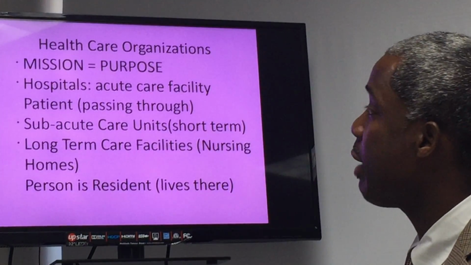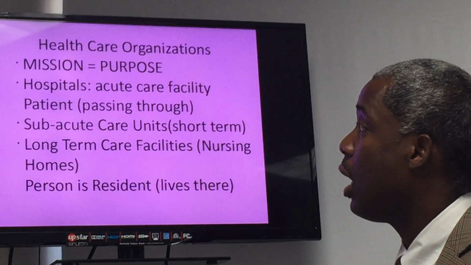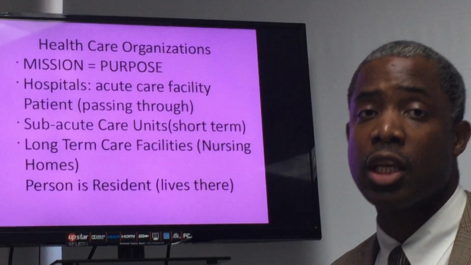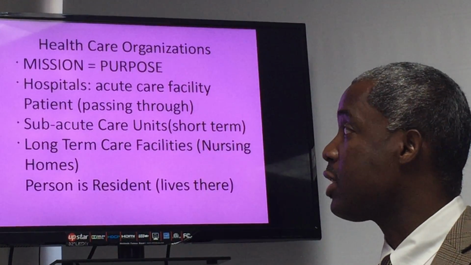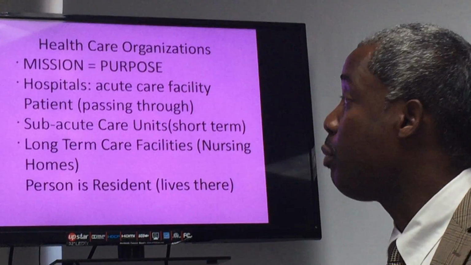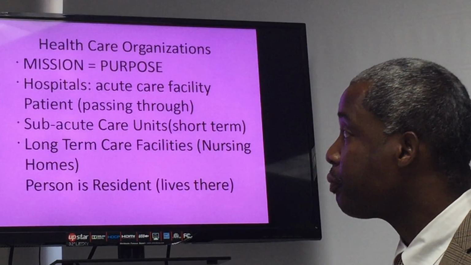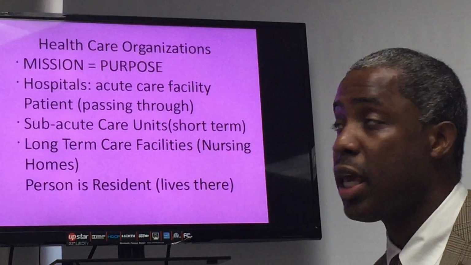So for example, the hospitals provide acute care to the patient. That means if the patient is acutely ill, they have a life-threatening emergency, the hospitals would be more equipped to take care of that, okay? So their purpose would be to provide acute care.